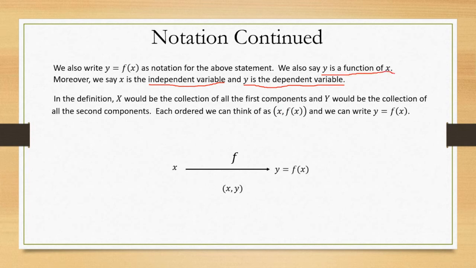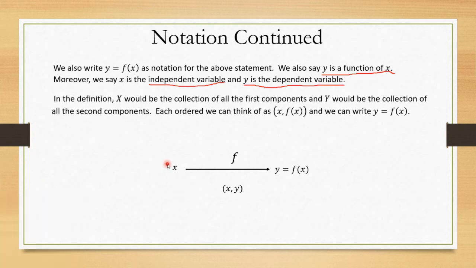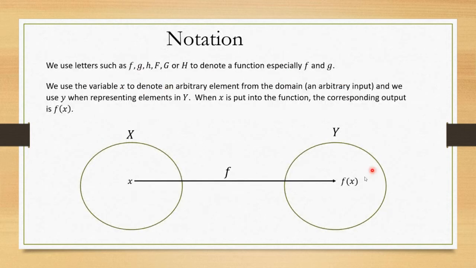We say that x is the independent variable, y is the dependent variable, and y equals f of x. Again, this just means f is a function from capital X to capital Y. You have this definition floating in the background. That's all we're saying.